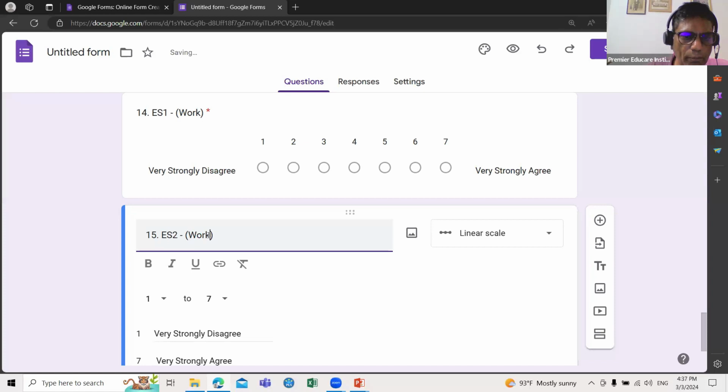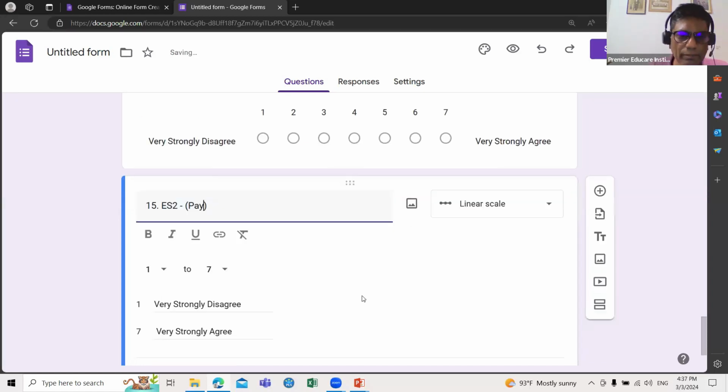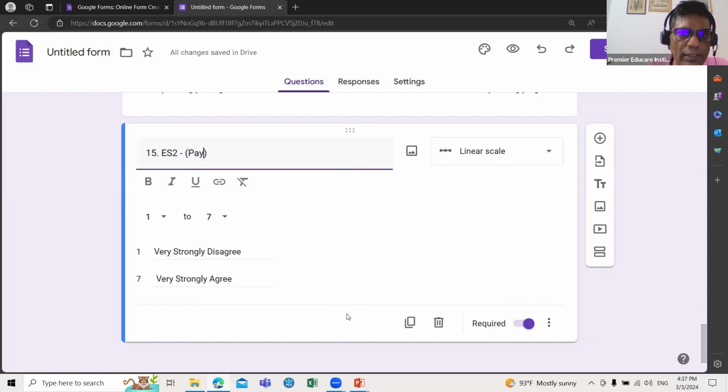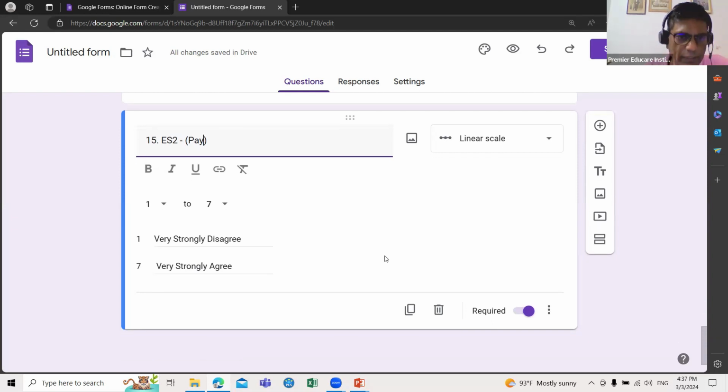I think this should be pay. The same, nothing will be changed. Everything will be the same. Next question, this is ES3. Same question, the same options are there. Nothing is changed, only the question type.